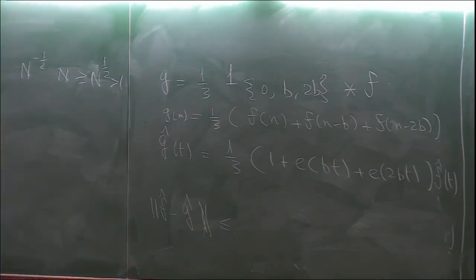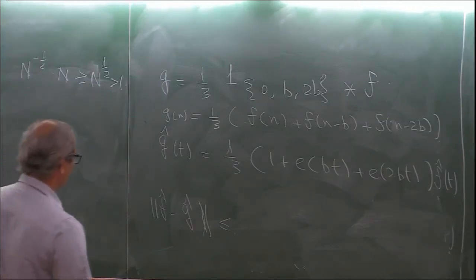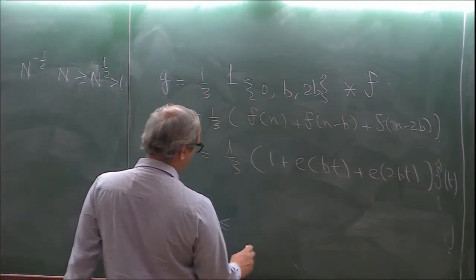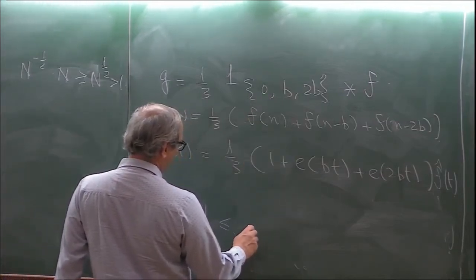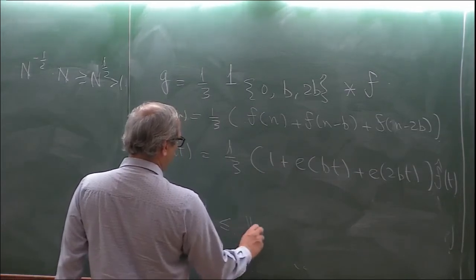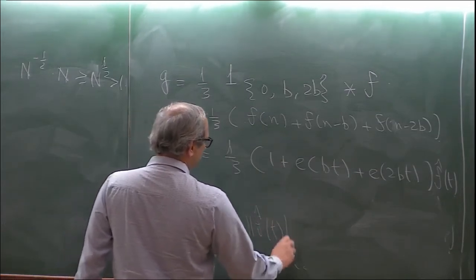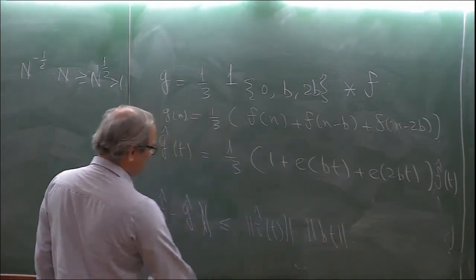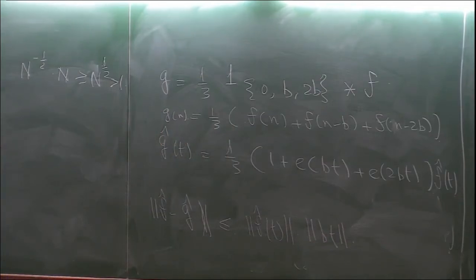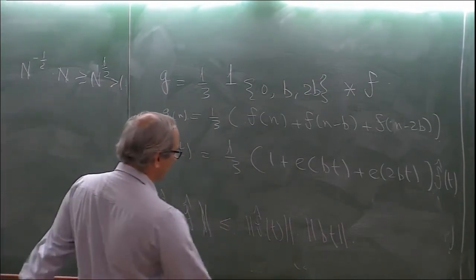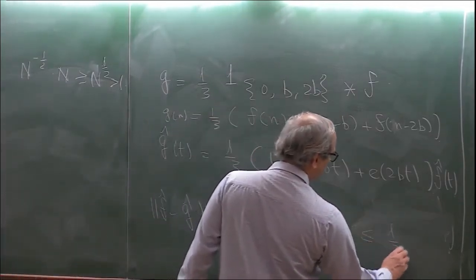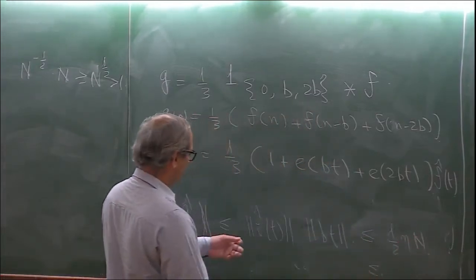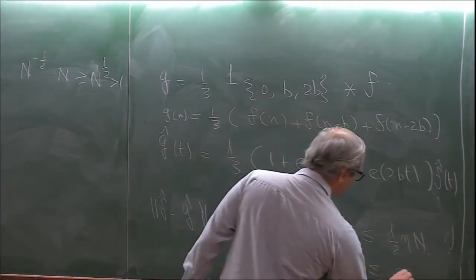is less than or equal to the, here you will get epsilon n or eta n, because you're going to get f hat times e(bt), and if f hat is less than eta times n, then this is just half eta n, or it is less than epsilon n.